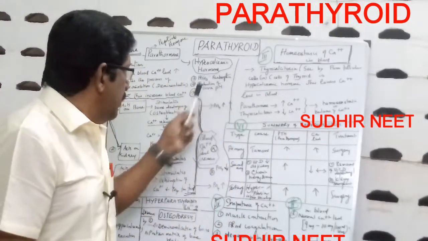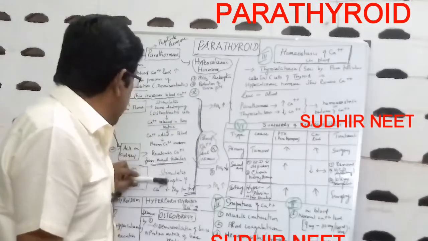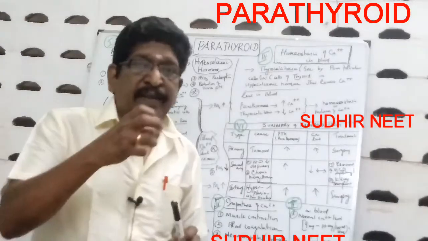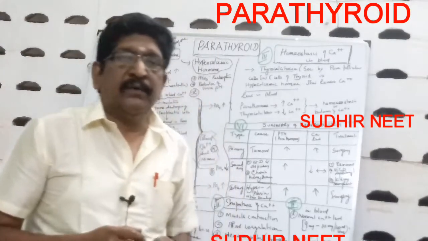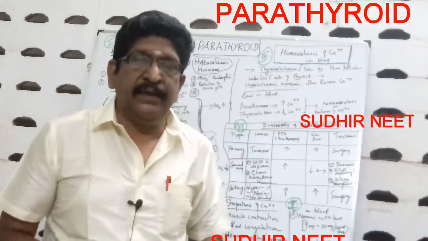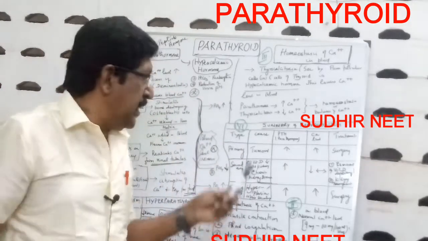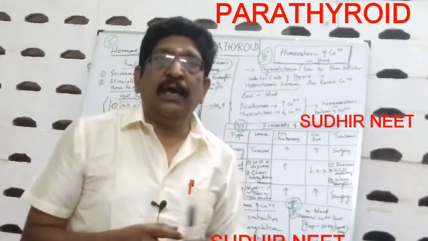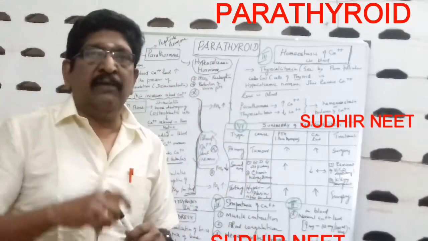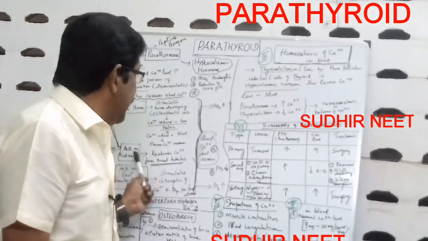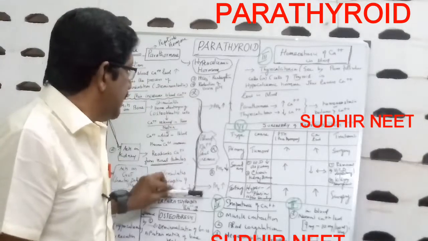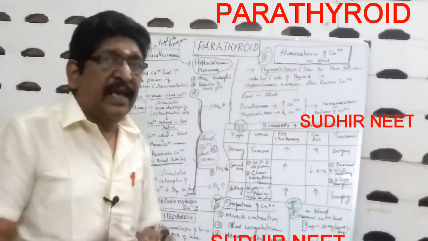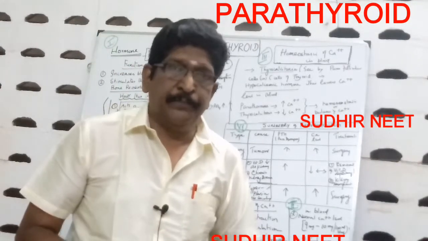So the phosphate level also increases in blood with the calcium in bone and gut, whereas when the hormone acts on the kidney, the blood phosphate level does not increase. These three things you should know: how parathormone acts as the hypercalcemic hormone.